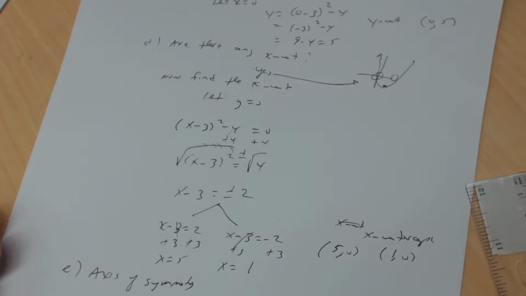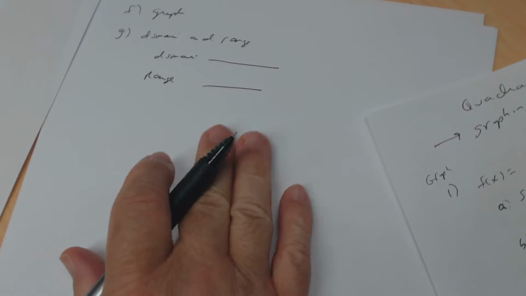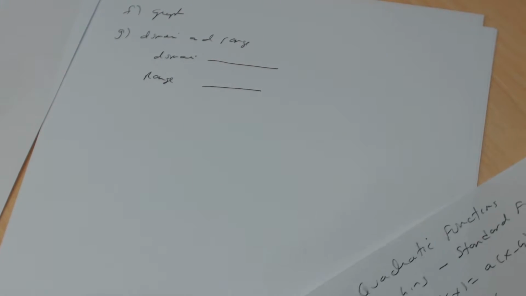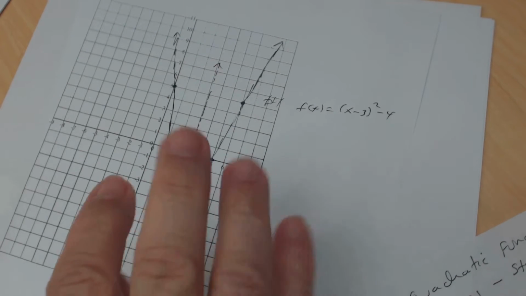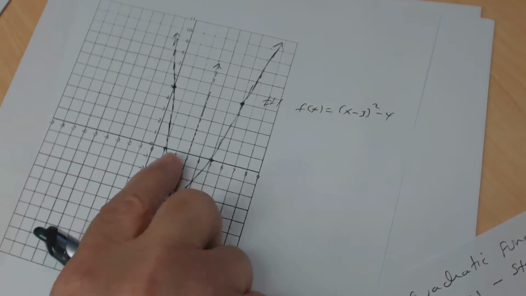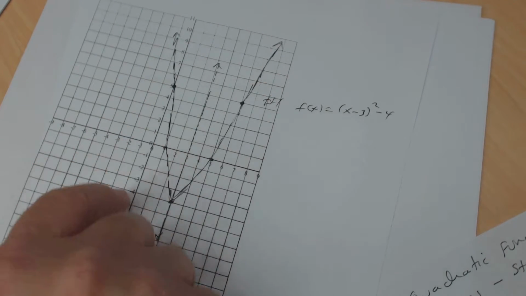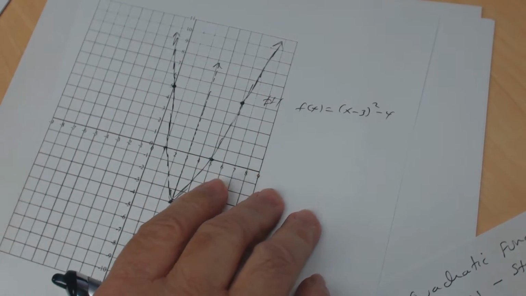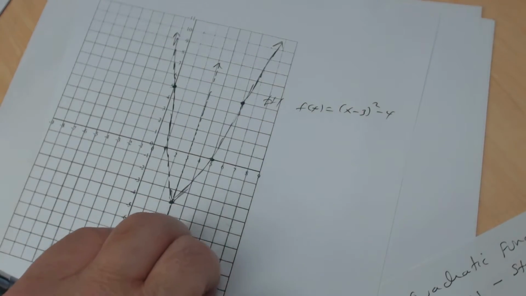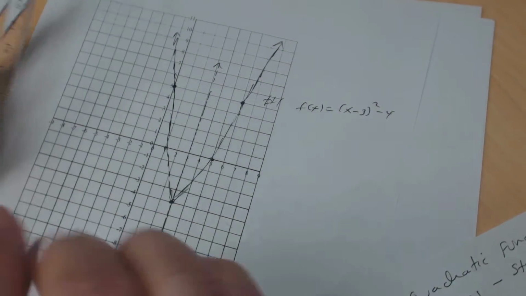Okay, number 2. So let's look at number 2. Oh, by the way, I forgot to do the domain and range. All right, so domain and range. What I want you to notice is that when we go through every quadratic function, remember the parabola is going to either open up or open down. But regardless of whether it opens up or down, I want you to notice the domain.